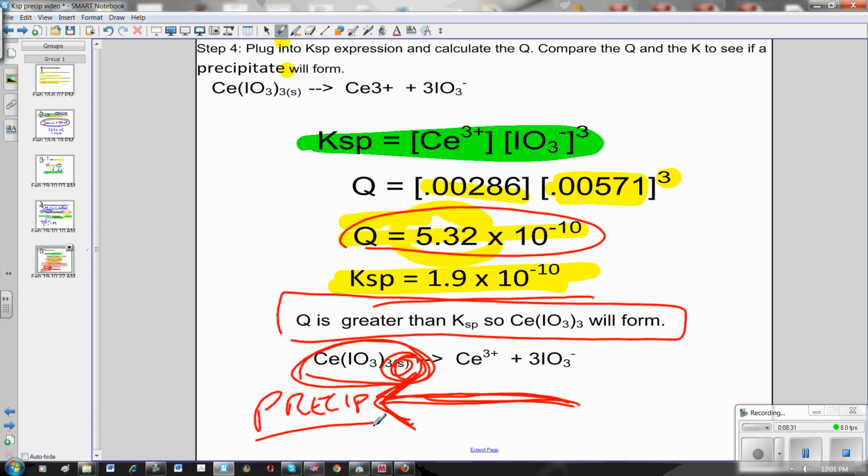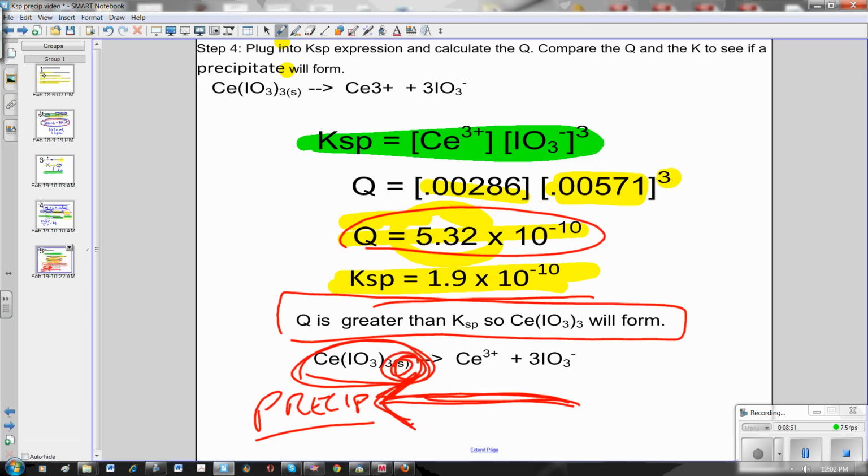So you say, yes, a precipitate will form. That's all you have to do in one of those calculation problems. If Q is less than K, no precipitate will form. If they're equal, like when we did equilibrium, that means we say it's a saturated solution. That's the definition of a saturated solution.